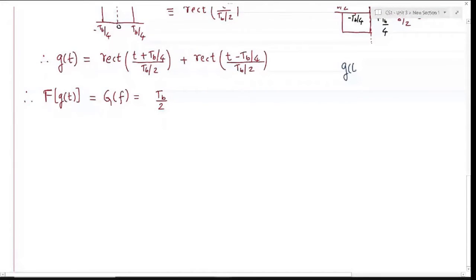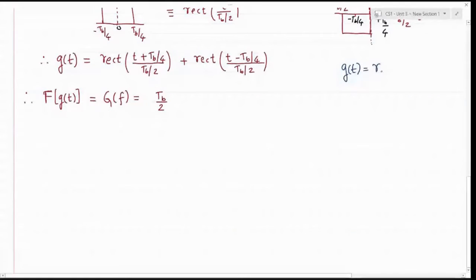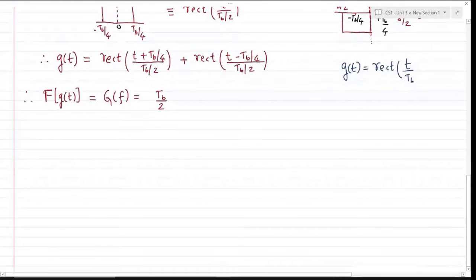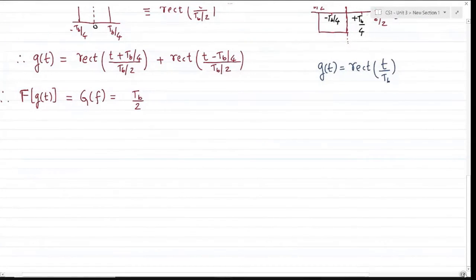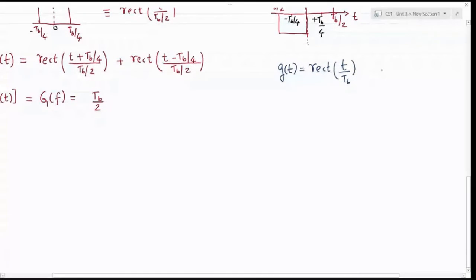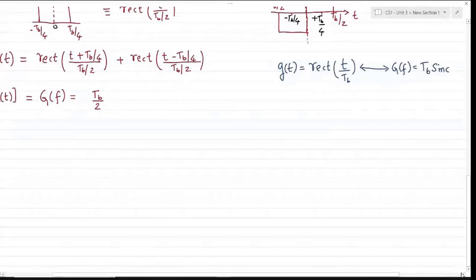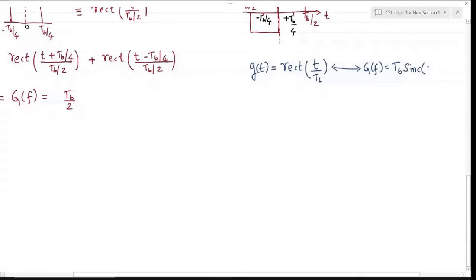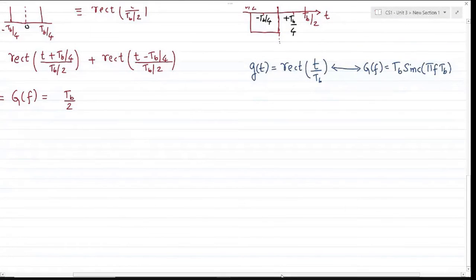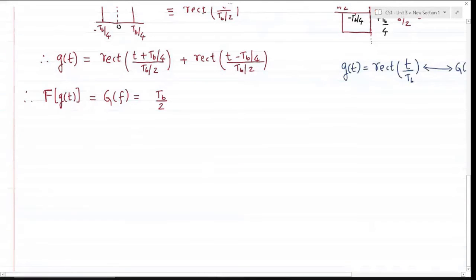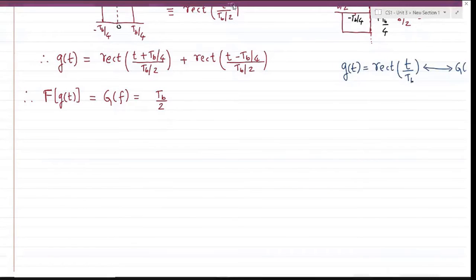if g of t is a rectangular t over tb, its Fourier pair G of f is tb times sinc of pi f tb. With that fact known, I need to calculate the Fourier transform of this combination.